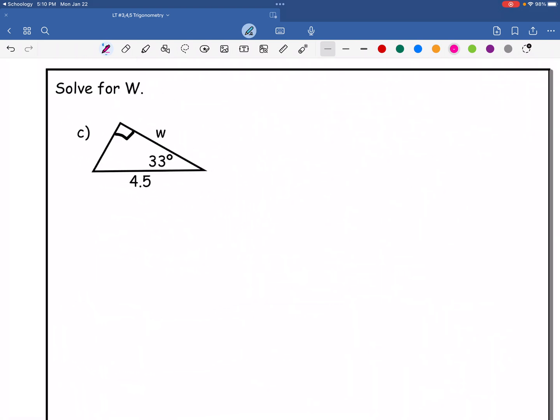Down here, we're going to stand at the 33-degree angle, label the side that we're given. Well, that's the hypotenuse. It's opposite the 90-degree angle. And the side we want to find, which is the adjacent side. So what trig function uses adjacent and hypotenuse? Cosine. Cosine of the angle measure is adjacent over hypotenuse.